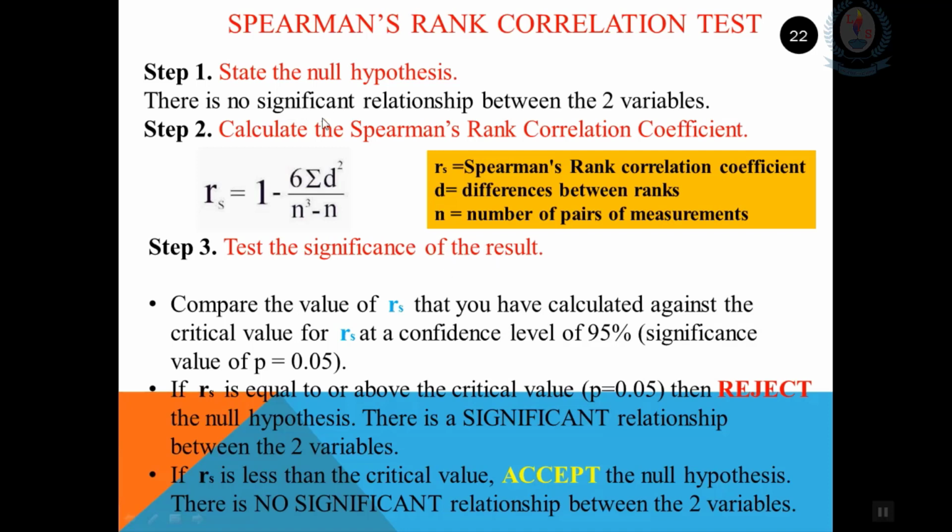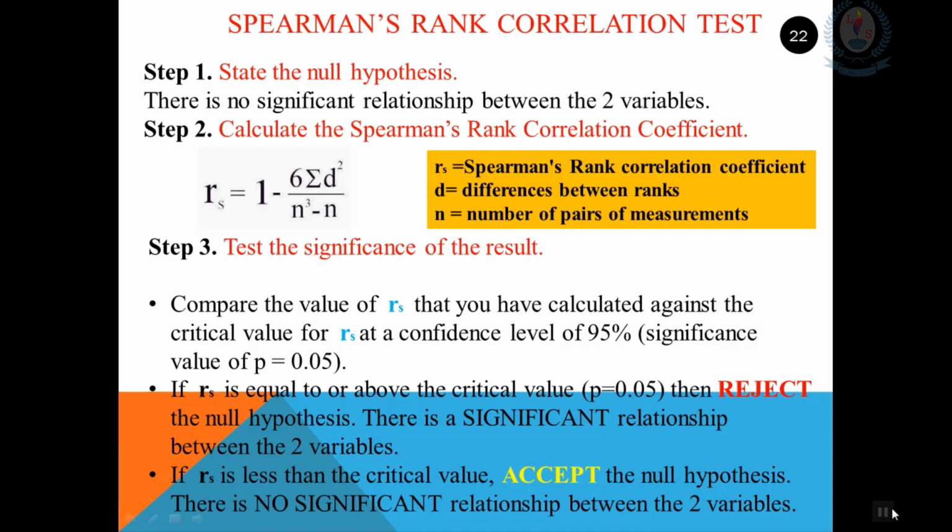So, the formula I have given you here: rs equals 1 minus 6 times the sum of d squared over n cubed minus n. rs is the correlation coefficient, d is the difference between the ranks, and n is the number of pairs of our measurements.